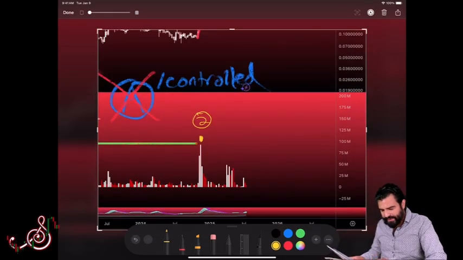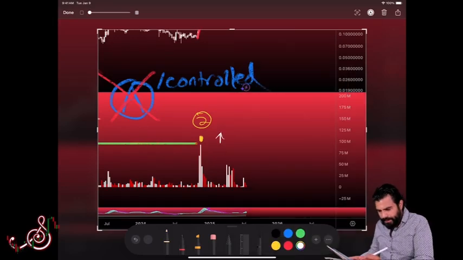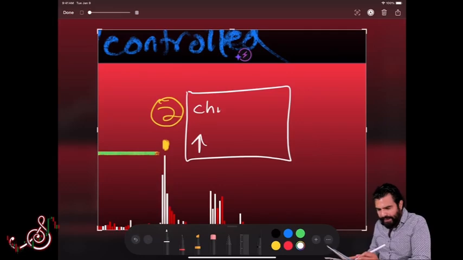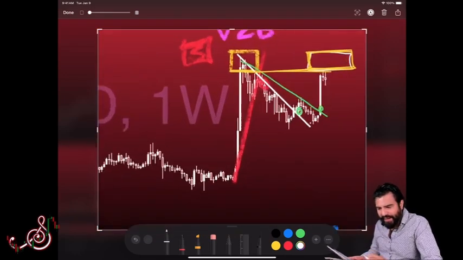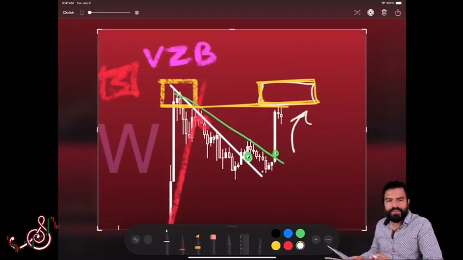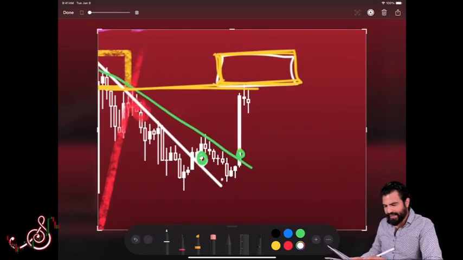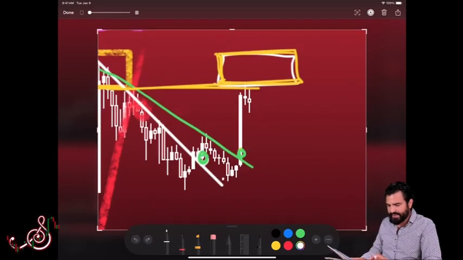So this means challenge. Okay, and I'm going to put this here. Challenge to higher prices justified. What would happen after this is likely we're going to see a move up again. Now we're there and it cleared that territory very quickly. Back to the VZB.